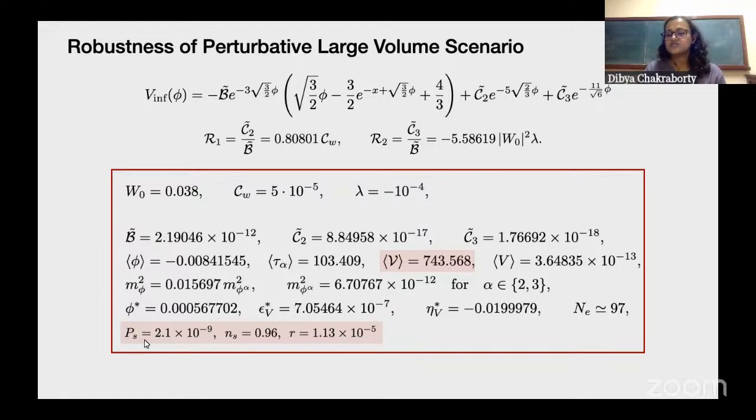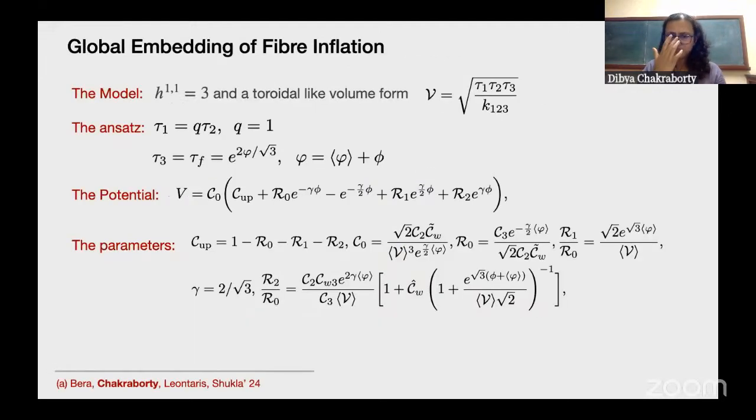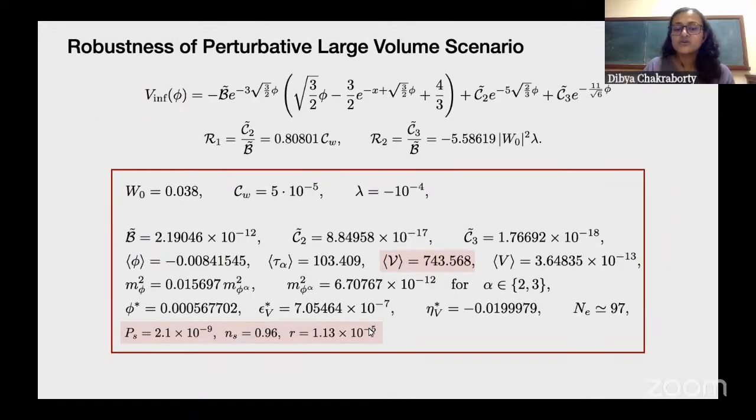PS, which is the amplitude of the power spectrum, is within the bound. The spectral index is 0.96. And one good thing about this model is the value of R, the primordial gravitational wave tensor-to-scalar ratio. It denotes that the field excursion is small. From the Lyth bound, we know that this R is directly related to the field excursion.